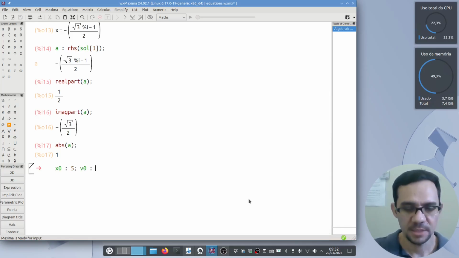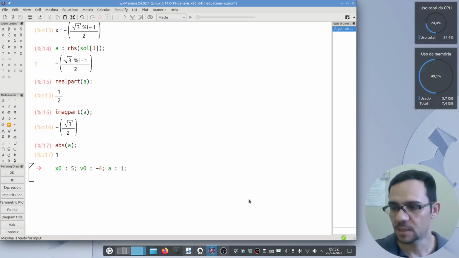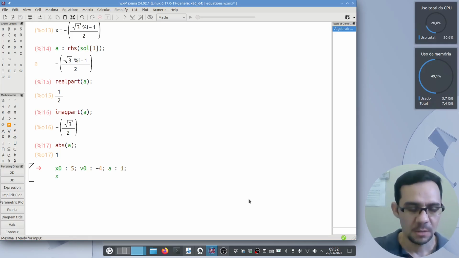It has this initial velocity and it has its deceleration, and the motion equation is going to be this.